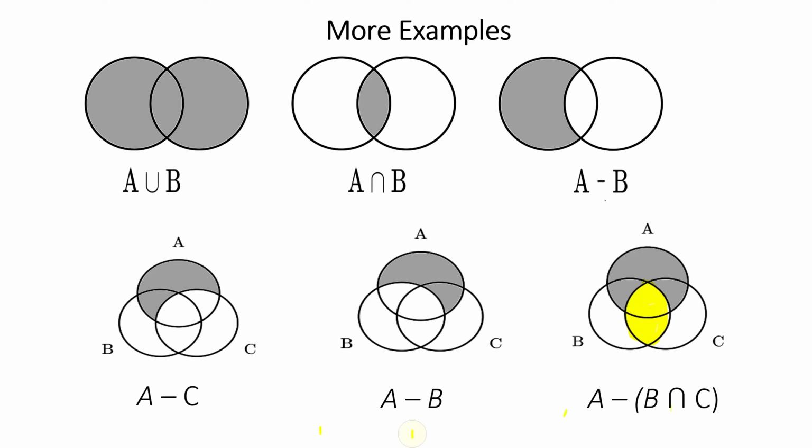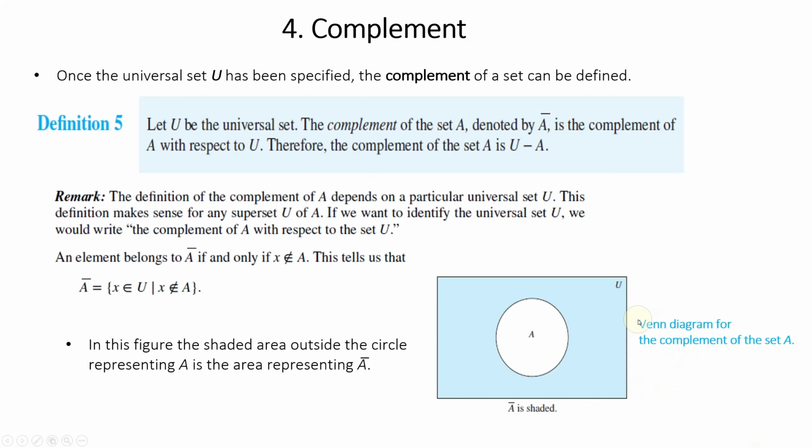Well, in this case, as you can see, these parts over here are going to be part of it, because what I'm removing is actually only these ones that are in yellow. So again, we can play around with these operations.